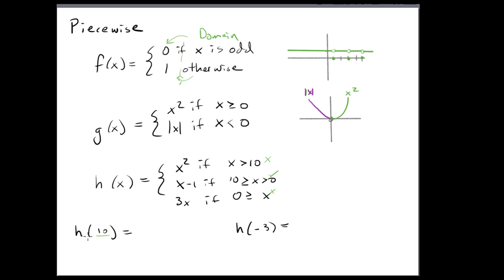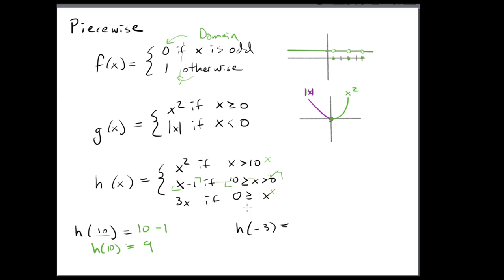No. See how 10 fits into only one of these little subdomains here? Only one, just this one? That's what we need from a piecewise function. So, if that's the case, it fits right here. I'm going to follow back and look at x minus 1. So that's going to be 10 minus 1. So h of 10 is equal to 9.